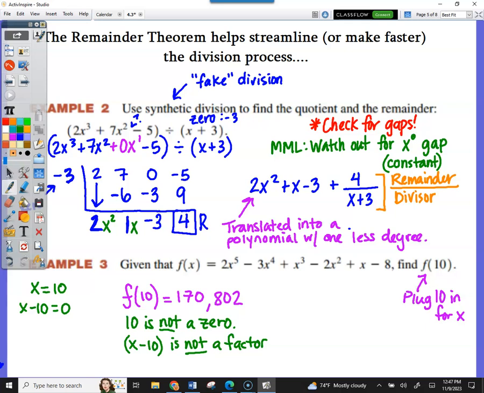It also means that if I was to take this polynomial and divide a 0 into it, 10, I would end up with a remainder of 170,802. So there are three connections there, and it all stems from you plug a number in, and then this is what you get. And then you can talk about it in three different ways. Please go to the next slide and try that one.